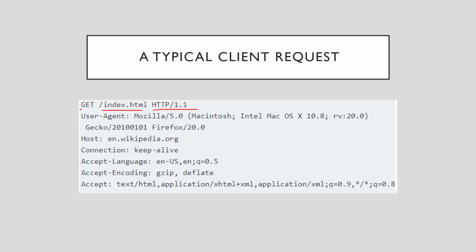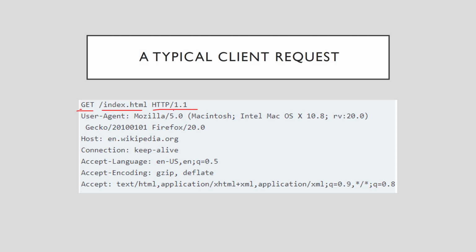The method specifies the operation being requested. The GET method asks the server to return a representation of a resource. The index.html is the path to the resource requested from the server.